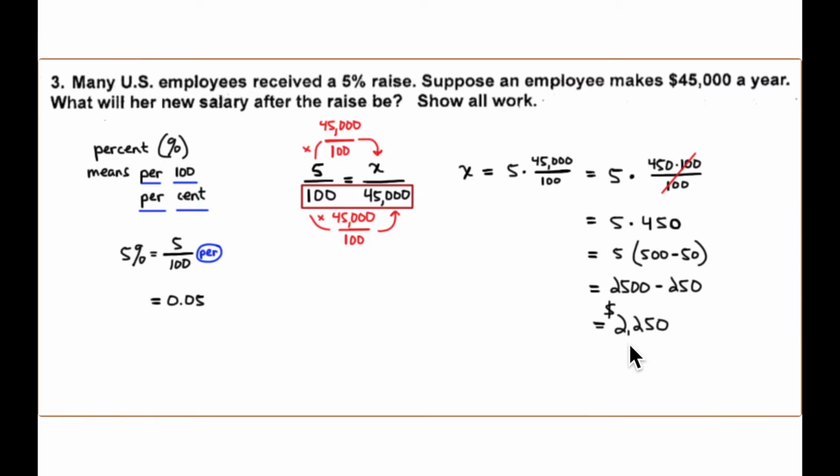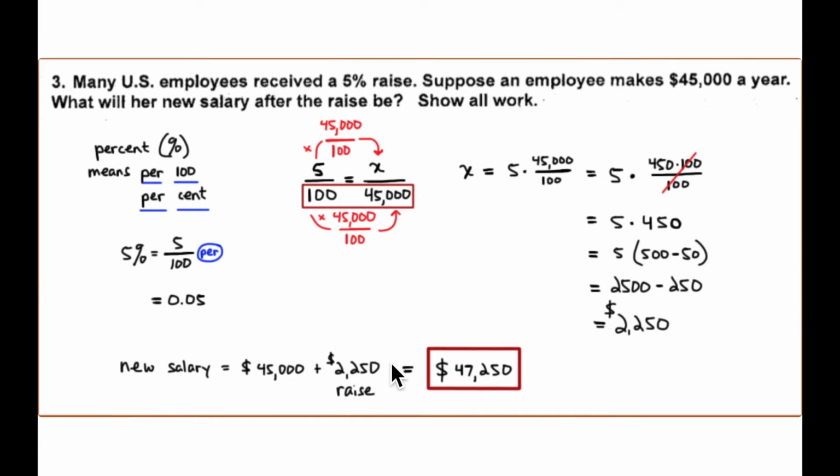Subtract those, $2,250. Add that to the raise, and the new salary is $47,250. So this is using the proportion.